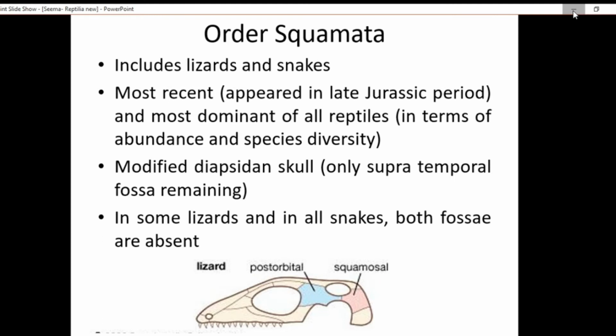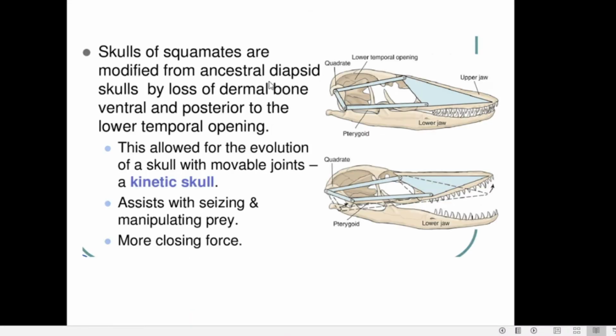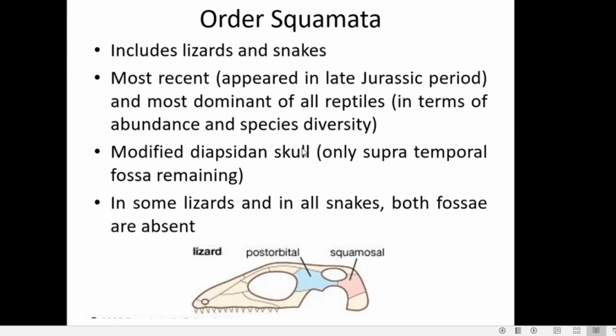The dermal bones, which are seen posterior and ventral to the infratemporal fossa, are lost, and because of that the infratemporal fossa is not visible outside, and only the supratemporal fossa is remaining. So this is considered to be a modified diapsidan skull. In some lizards and in all the snakes, both the fossae are absent.